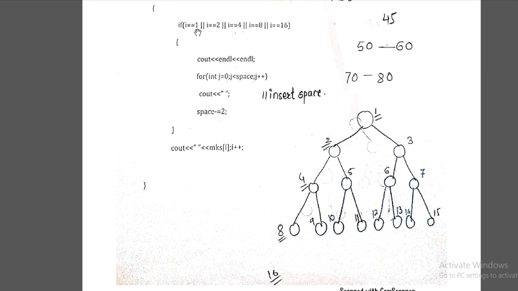So here we can see that for i equal to 1, 2, 4, 8, 16, we go to the next line. Here we are ending that line and moving down, and then inserting the elements one by one, like this element, then space will be allocated over here, then again the next element, space will be allocated, and likewise we are printing the elements from the array.